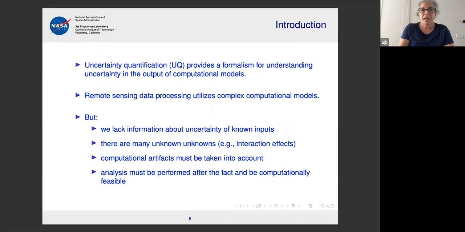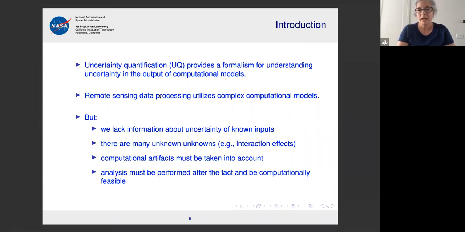So uncertainty quantification provides a formalism for understanding uncertainty in the output of complex computational models. Remote sensing data obviously utilizes complex computational models, but there are a lot of things we don't know when it comes to remote sensing that in more traditional uncertainty quantification settings we do know. For example, there are a lot of uncertainty quantifications in the engineering domain where physical equations govern the stresses or the loads on I-beams in skyscrapers and things like that, where we have a pretty good idea what the physics are.